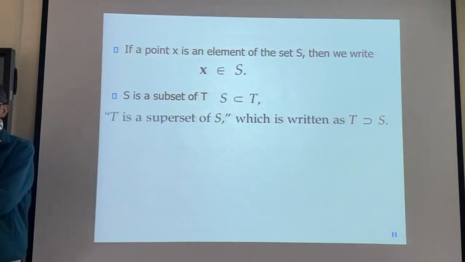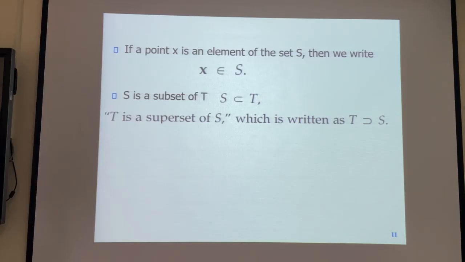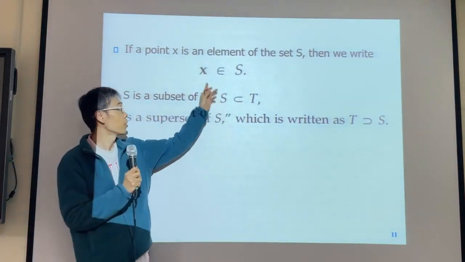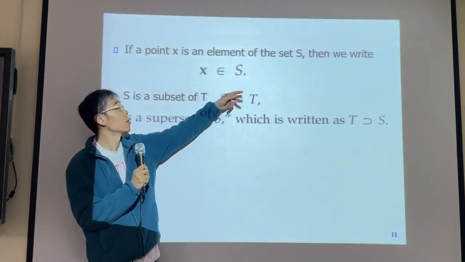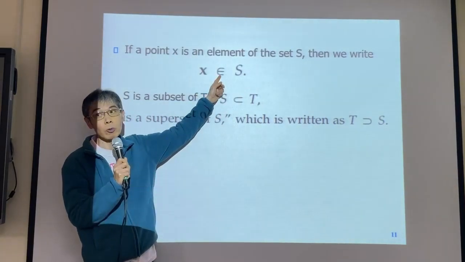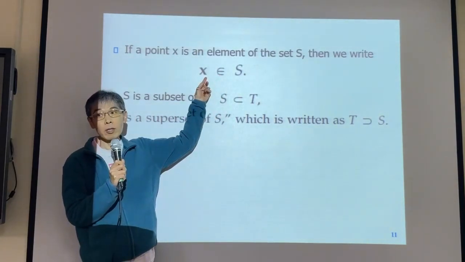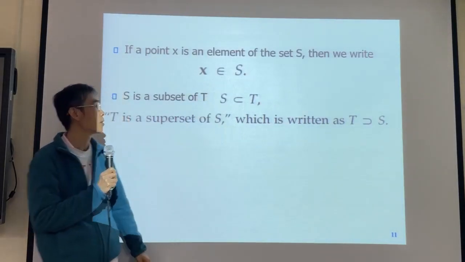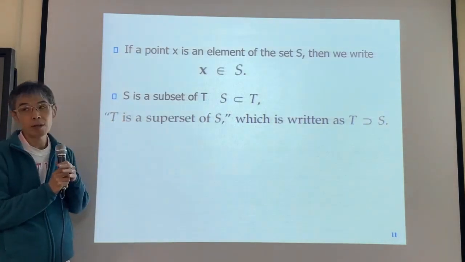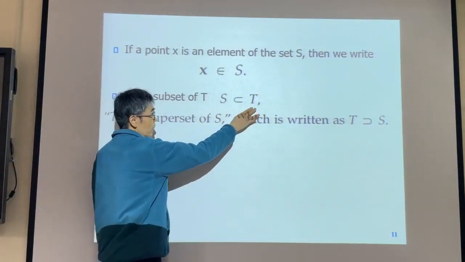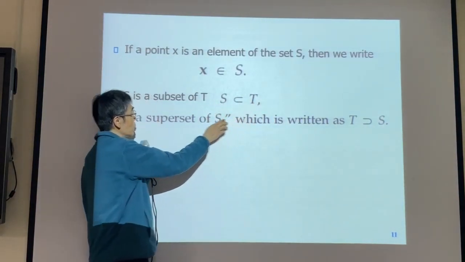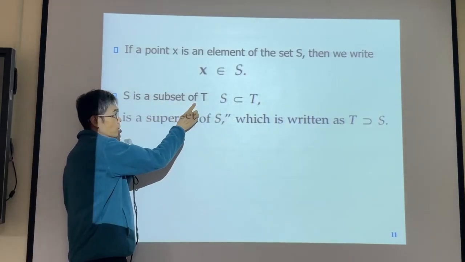If a point x is an element of the set S, we write x belongs to S. Read after me: x belongs to S. Then, if S is a set, and T is also a set, but S is inside T, S is a subset of T. We use this symbol.